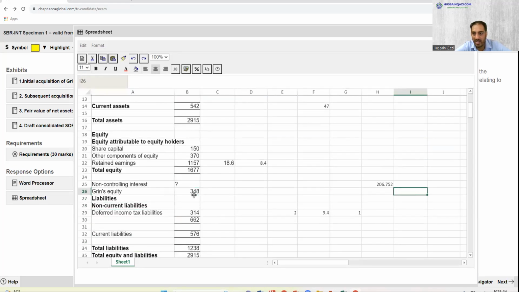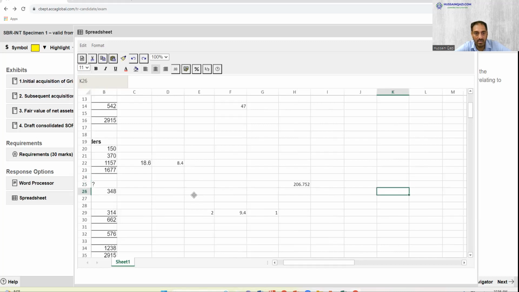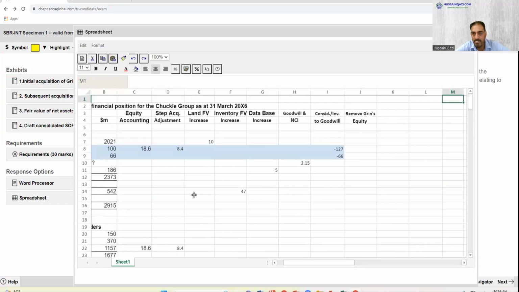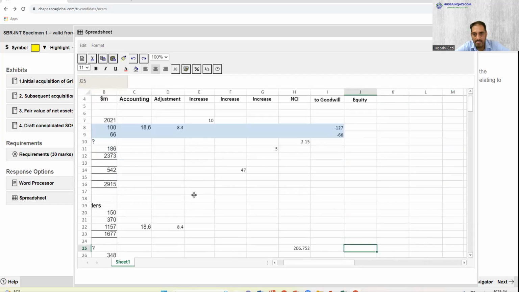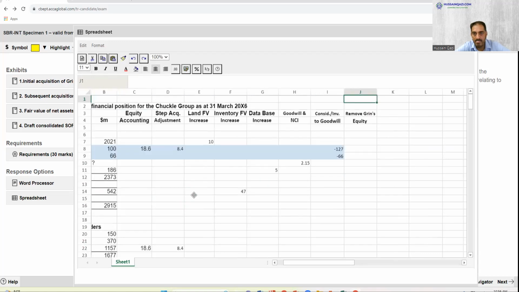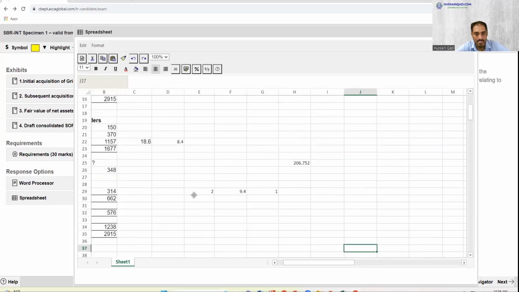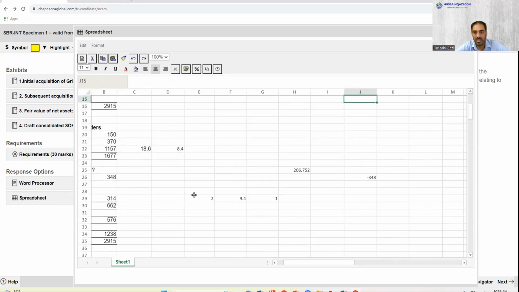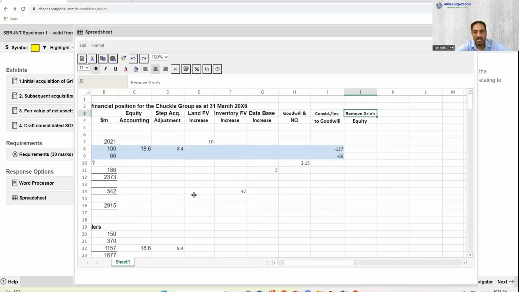This 348 needs to be removed here, minus 348. Now that's all done, all the adjustments.